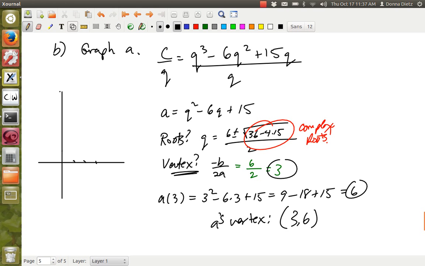I'm going to have to put 15 all the way up here, so I'm going to put 6 somewhere down here. It's much easier to draw on your chalkboard. There we go. Alright, so that's roughly what I want to show you. So that's A.